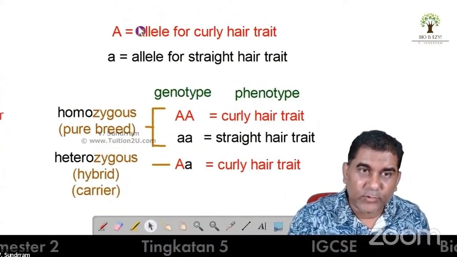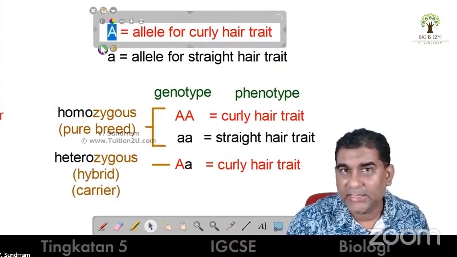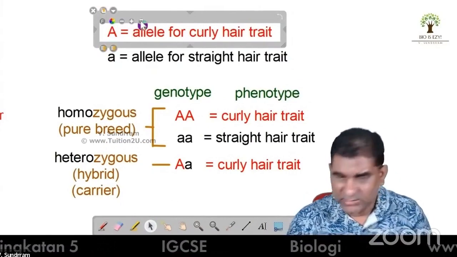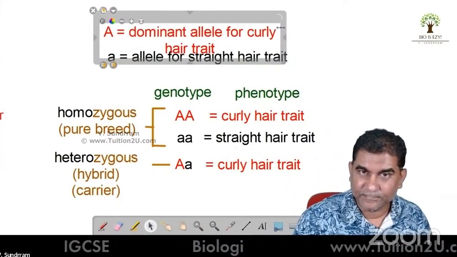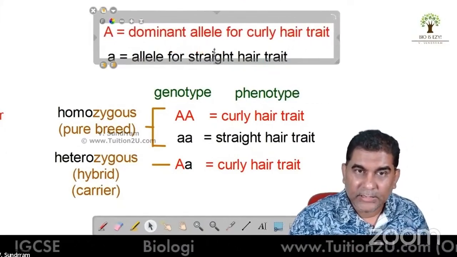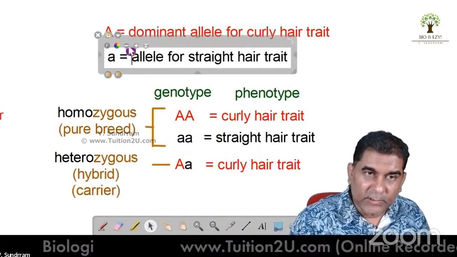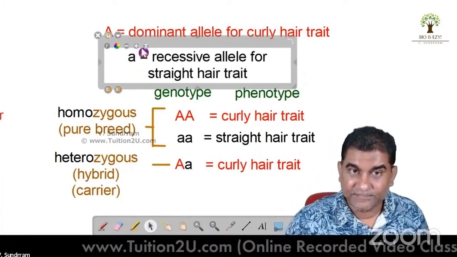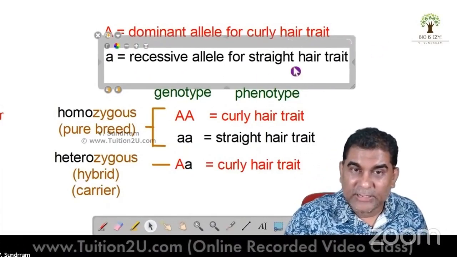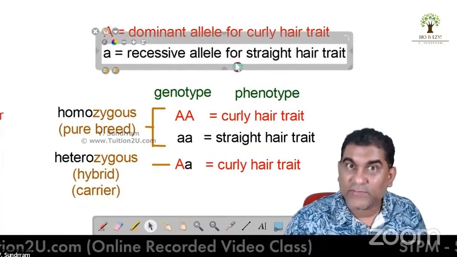So when you have two different alleles, capital A, why do I use capital A? Because this is a dominant allele. Why do I use small a? Because this is a recessive allele. How do you determine whether it's dominant or recessive? We need to do some experiments to find out.